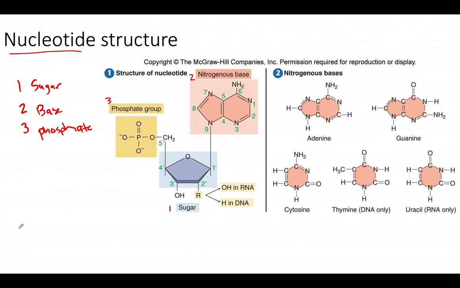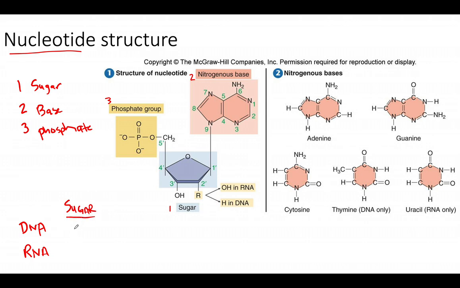Nucleotides, we said, are used to build nucleic acids, and there are two types of nucleic acids that you have learned about. Just to review, DNA is one type of nucleic acid, but then there's also RNA. Nucleotides are used to build both of these molecules because these are both nucleic acids. But what's going to vary is the structure of the individual nucleotides that are used to build them.